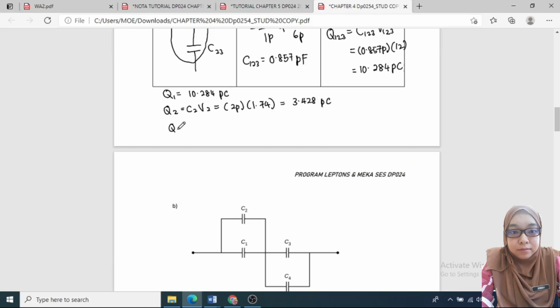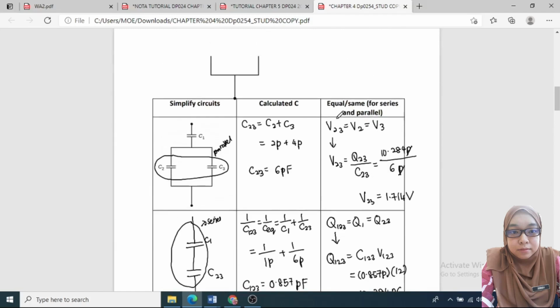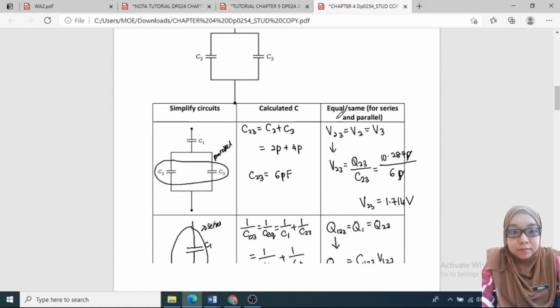And then Q3 is equal to C3 V3. C3 is 4 pico multiply with 1.714, equal to 6.856 pico coulomb. So we got all the charge on each capacitor.